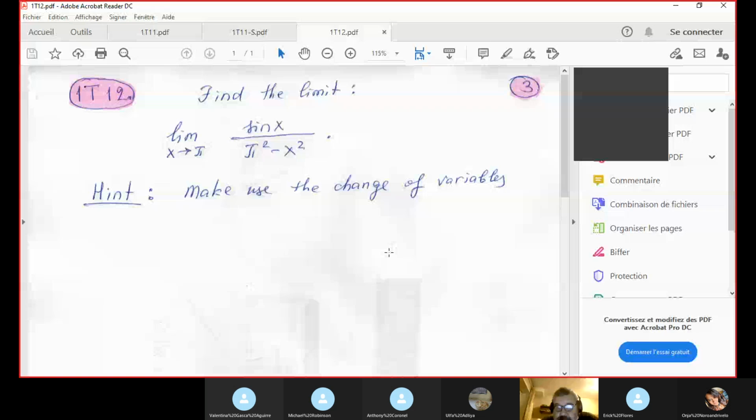That if x goes to pi, y goes to 0. Agree? Yes, I agree. So the denominator of our fraction is (pi minus x) times (pi plus x). Agree?